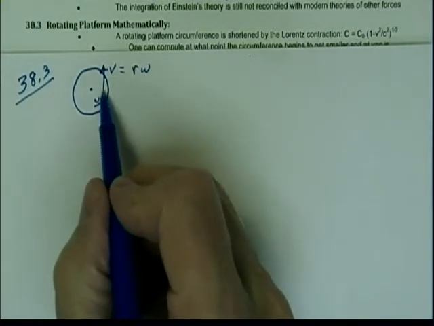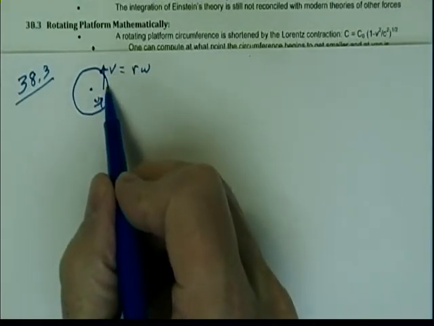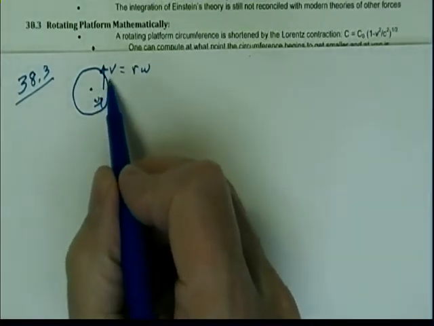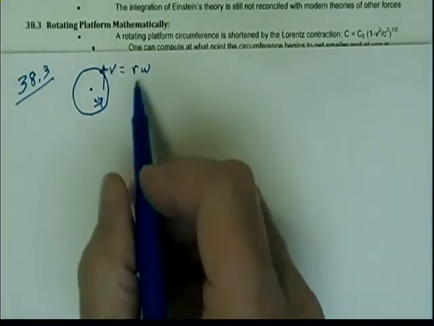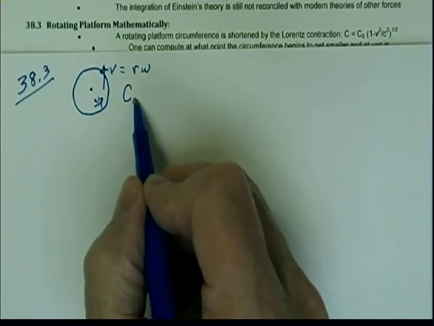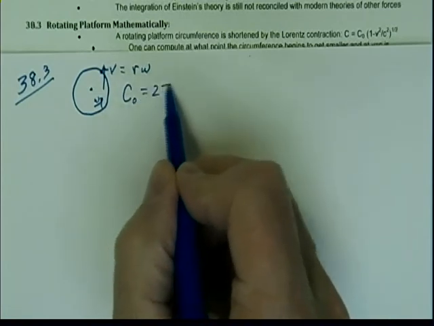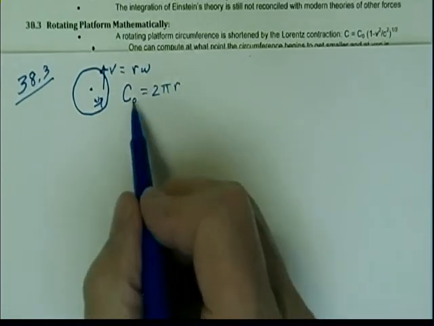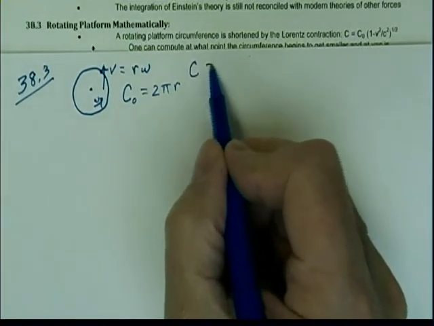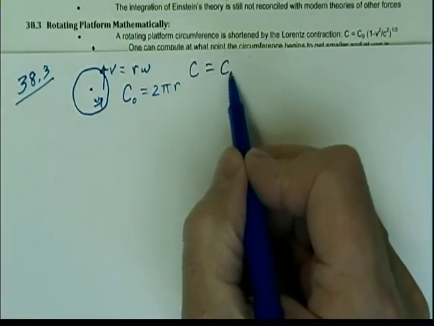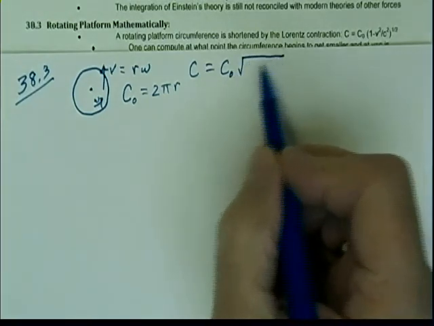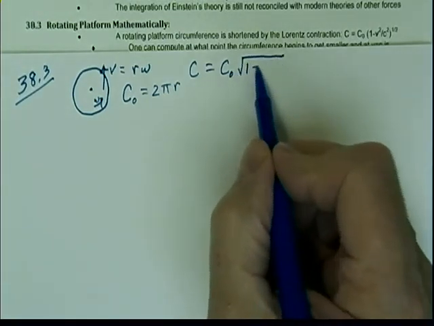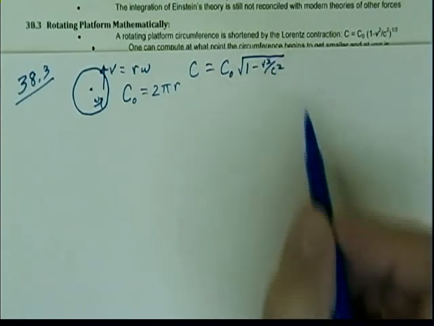Now, as we move further and further out, if this disk is large enough and omega is large enough, this velocity will approach the speed of light. Until then, the circumference, of course, is 2 pi r. But further out, the circumference is going to be equal to c naught, 2 pi r, times the Lorentz contraction factor, the square root of 1 minus v squared over c squared.